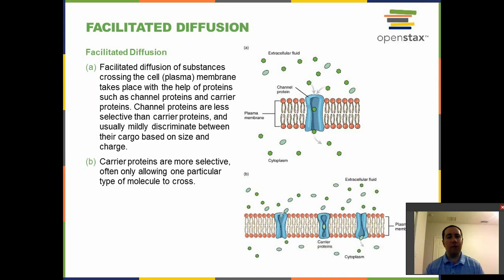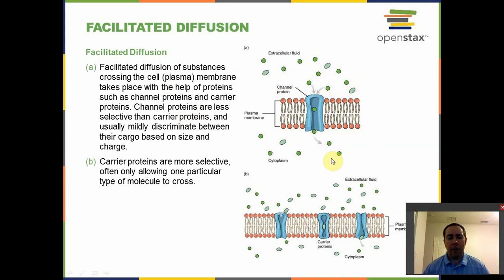There is no energy being involved here. We simply facilitate physics to do its thing by giving it a hole in the membrane to go through. This is a channel protein like we saw before, and the molecules can move from the outside, where there's a whole bunch of them, through the channel protein to get to the inside.